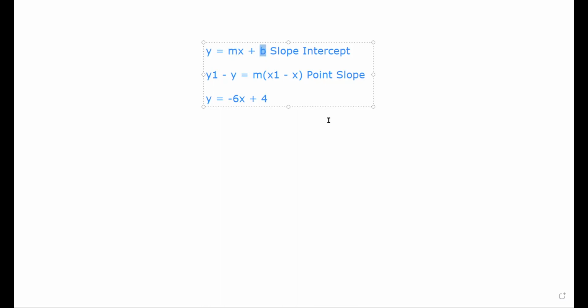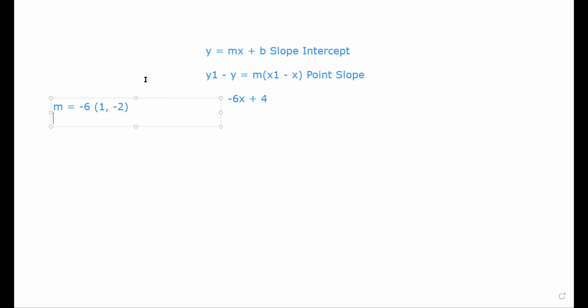We need that y-intercept to be able to write an equation. So they give us this problem that says our slope is negative 6, and we have a point that the line goes through. It's not the y-intercept, so we have to find the y-intercept, but we can use the values from this point. It's on the line, so we can start doing some substitution.